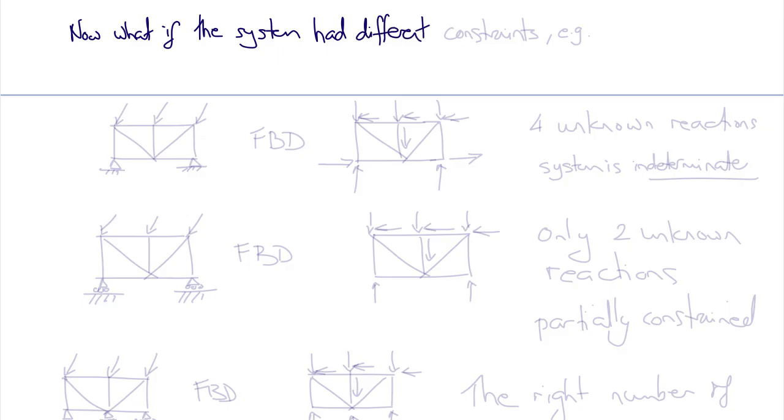But what if the system had different constraints? For example, what if the supports were pinned at both ends but without rollers? Now the free body diagram would look similar.